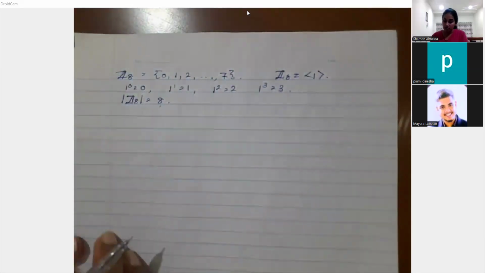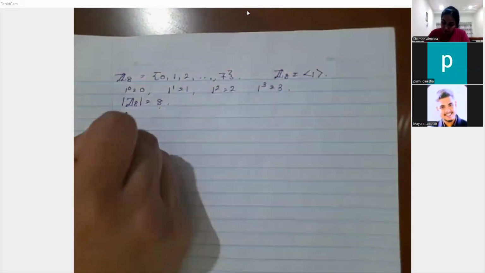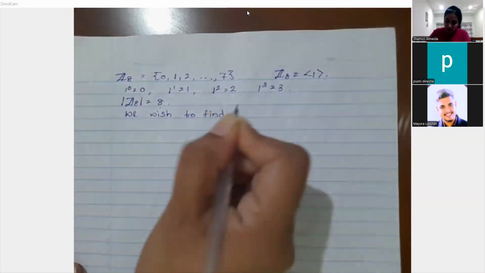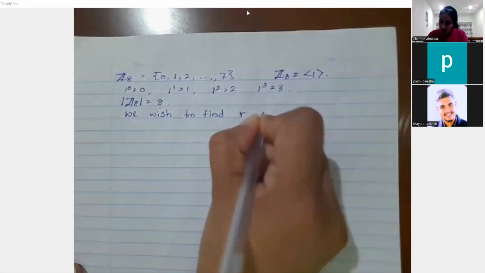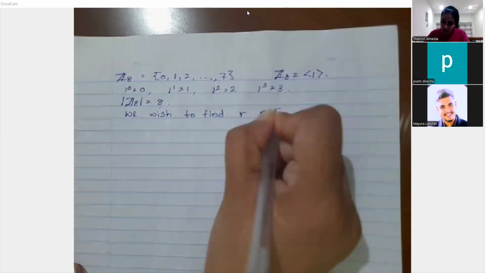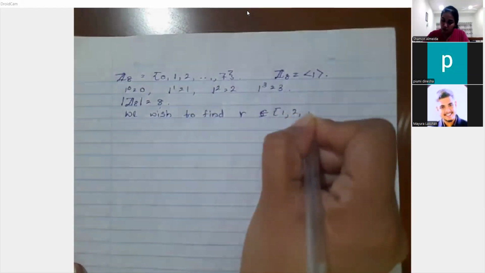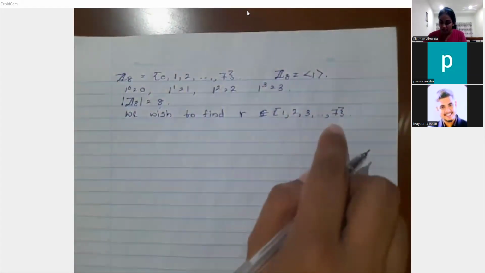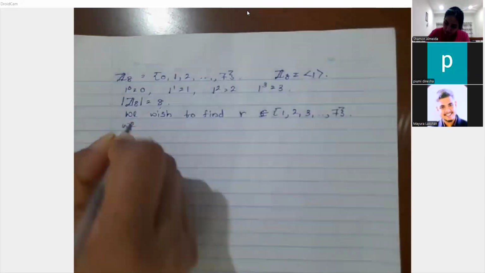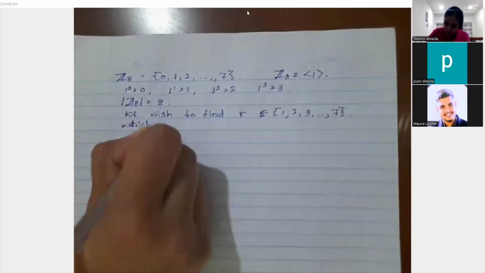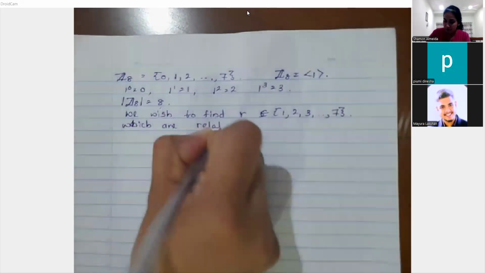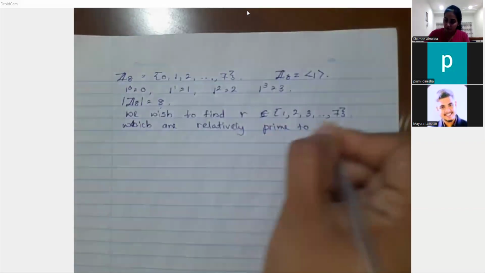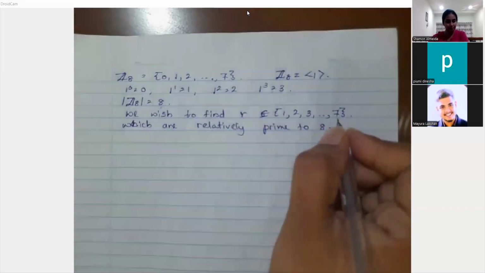So first let me write, we wish to find R in this set. We've got 1, 2, 3, up to 7, right? R in this set, which are relatively prime to 8.